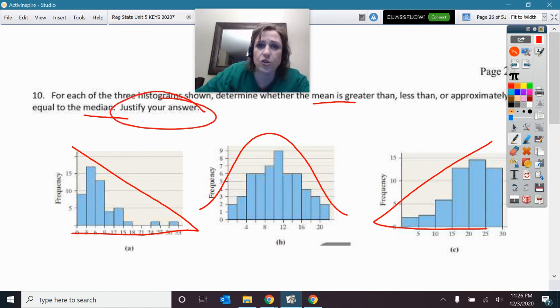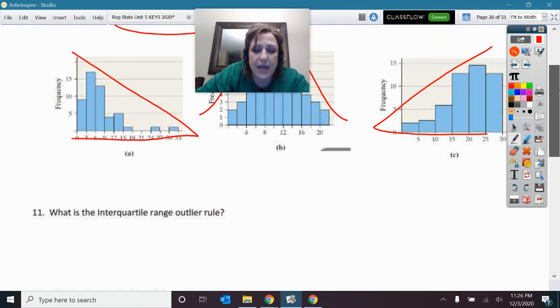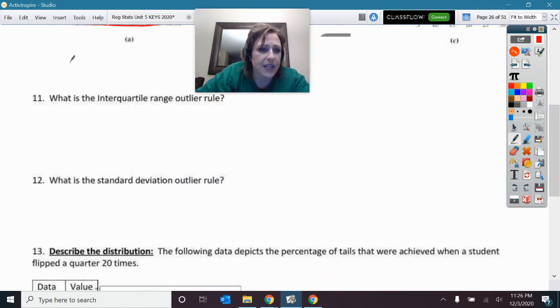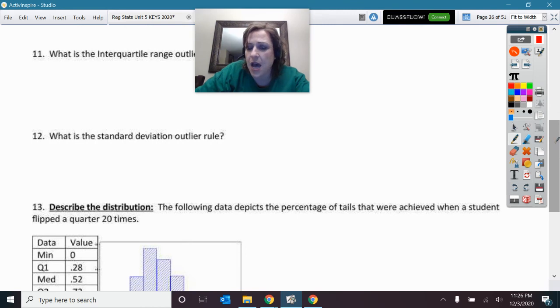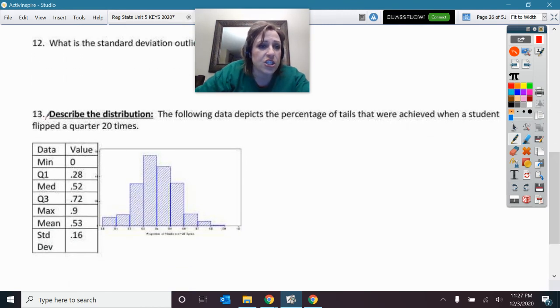Do make sure that you justify your answer and that you explain why you made that choice. And then here, stating your interquartile range rule, just to make sure you've got those rules down, because here you're going to describe the distribution with your SOCS.